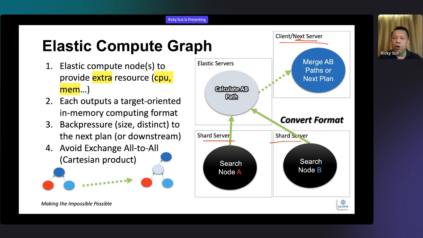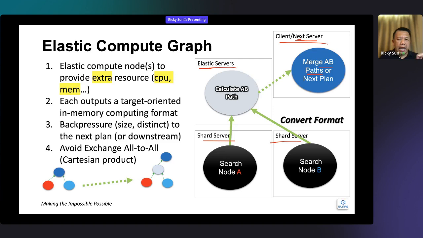There will be two more instances, two plus servers. This is the elastic, could be just intermediate or temporary servers used for extra resources, used for calculating all the paths between A and B, and eventually merging those paths and going on to the next phase, right?